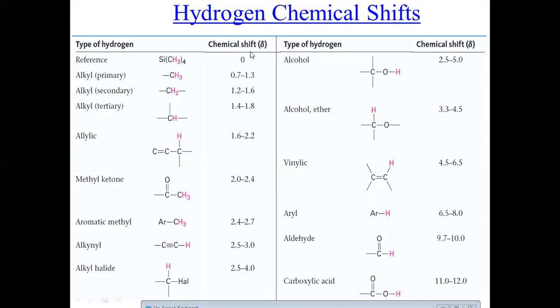Mostly you'll have in the upfield alkyls followed by allyls, and then you have alkynes followed by vinyl. In between, depending whether it is attached to an electron withdrawing group, it will be slightly deshielded. When it is attached to an electronegative element, it will be highly deshielded.